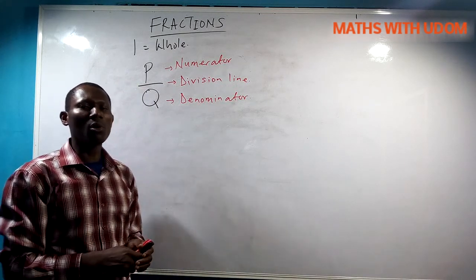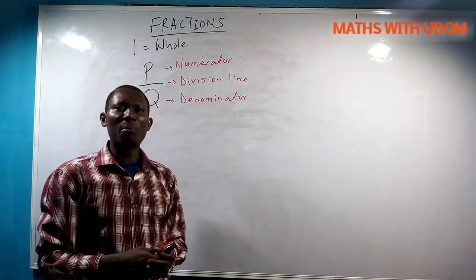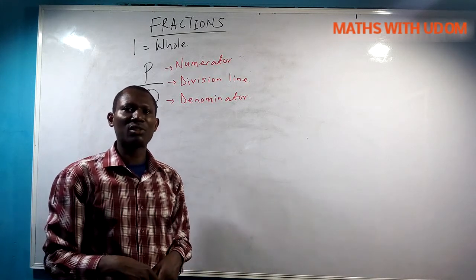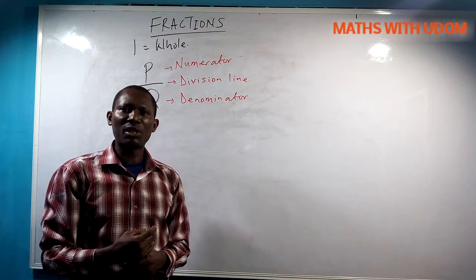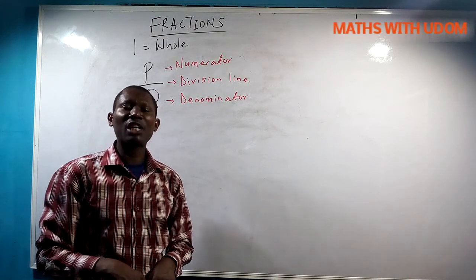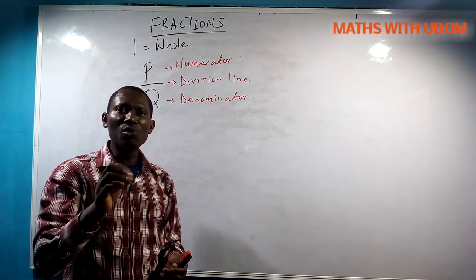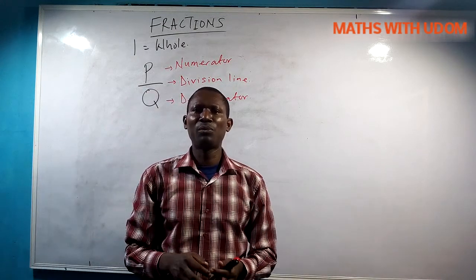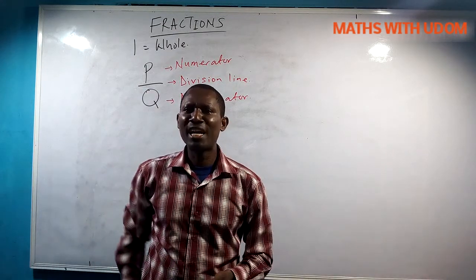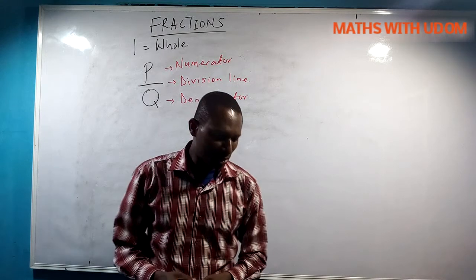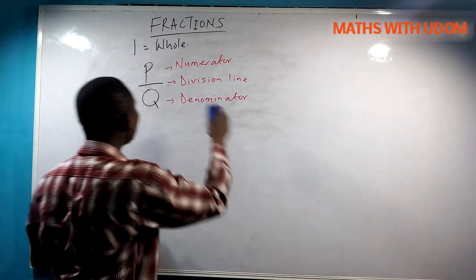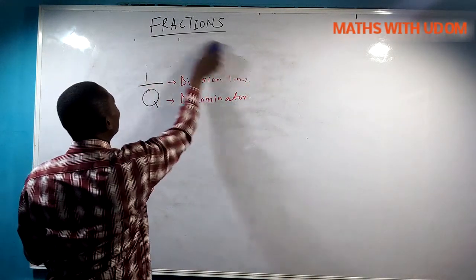Then we move to what we call the pictorial representation of fractions. Before then, fractions have rules. There are rules and guidelines to follow whenever you are solving any fractional problems.